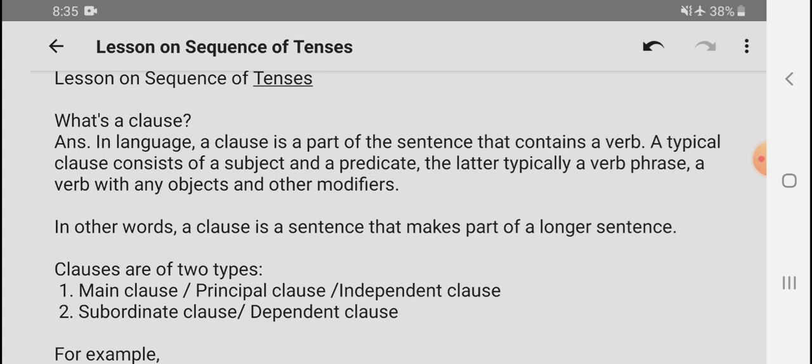So in simpler words, it is a sentence that makes part of a longer sentence. It will help elaborate ideas into longer sentences. That's what a clause is. In a clause, you will have three things of a basic sentence, that is a subject, a verb, and an object.